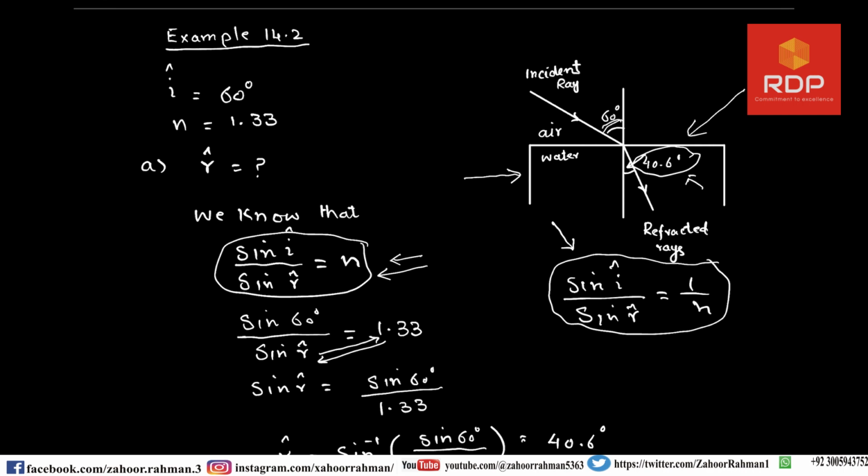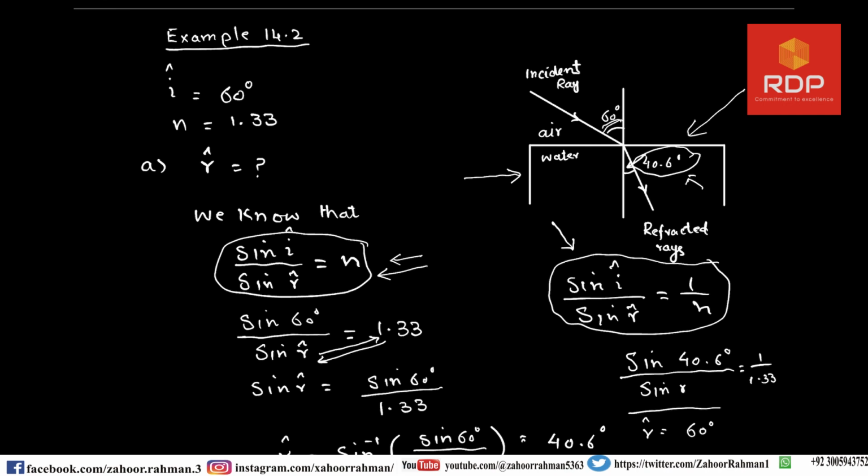So let us use this formula, and I am writing sine 40.6 degrees divided by sine r is equal to 1 divided by 1.33. When we calculate this, the whole scenario, we will get 60 degrees.